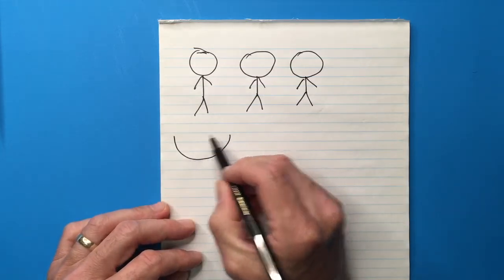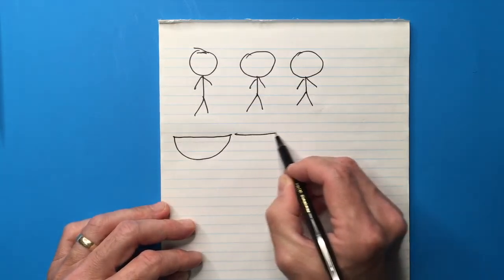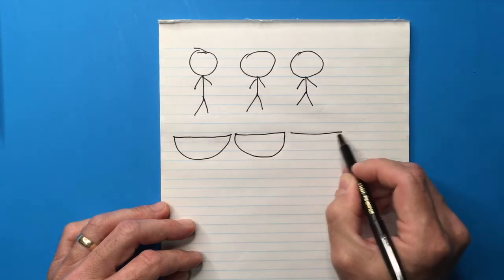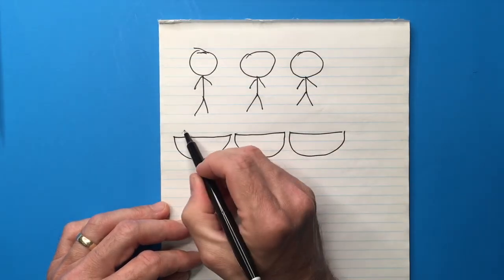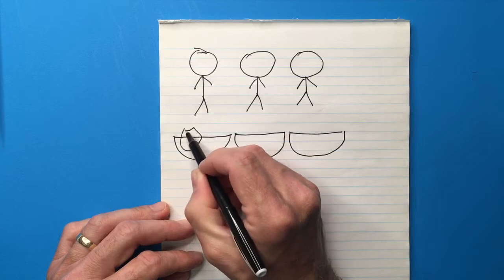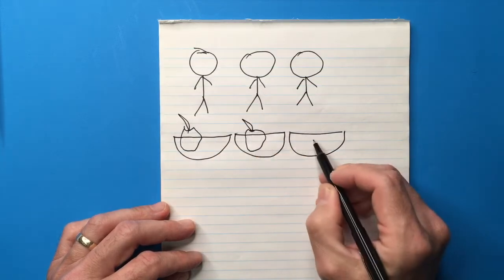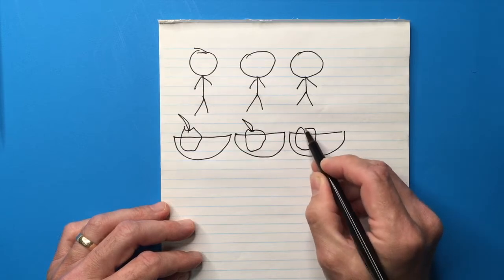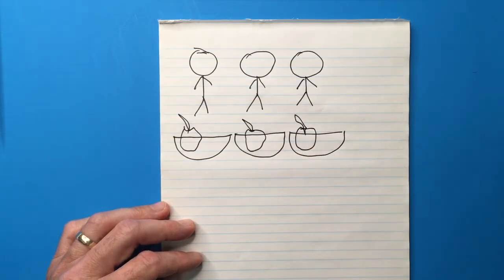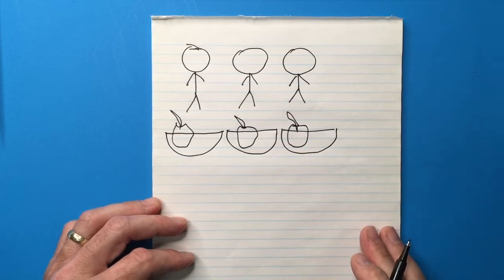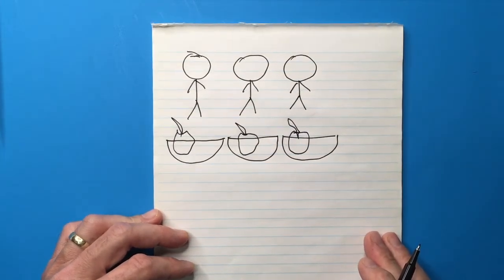So each person gets a bowl, right, for a snack. So there might be an apple in the bowl. Forgive my drawing skills. So there's an apple in each bowl, but now we want to give each person 6 grapes.